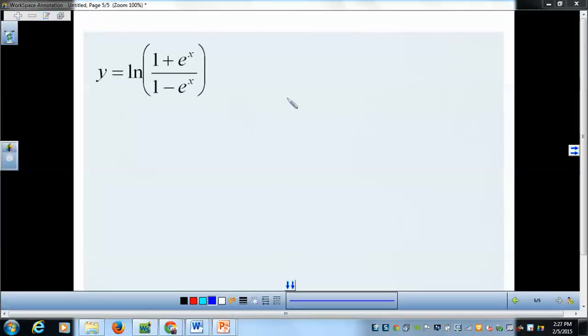All right, so you can see your work. The derivative of natural log of u is 1 over u. The 1 over u part really is just going to give us the reciprocal of this, so that's going to be 1 minus e to the x over 1 plus e to the x. Then I have to take the derivative of this, which is going to give us a quotient rule.